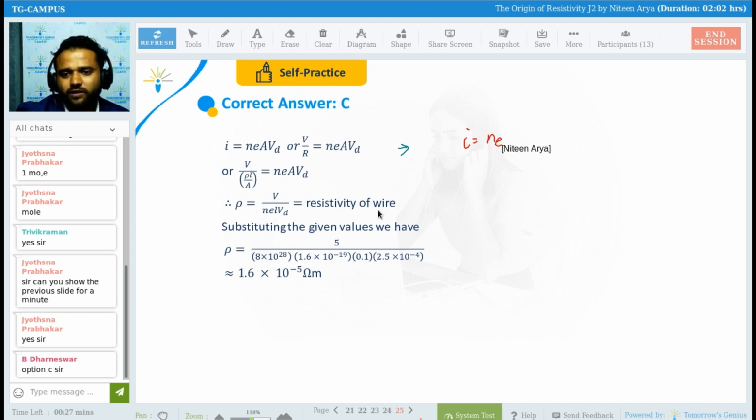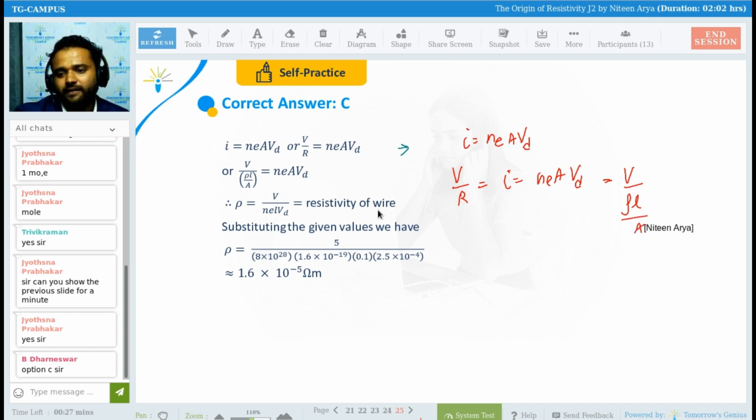Okay, this is I equals nEAvD, and V by R is I equals nEAvD, and put the value of R, which is rho L by A. So V into A divided by rho into L equals nEAvD. A cancels out on each side, and then what do we need to find? Rho.